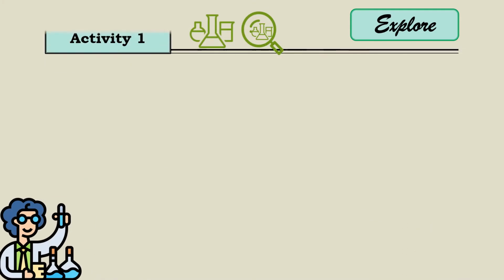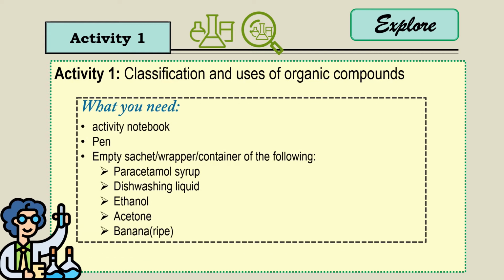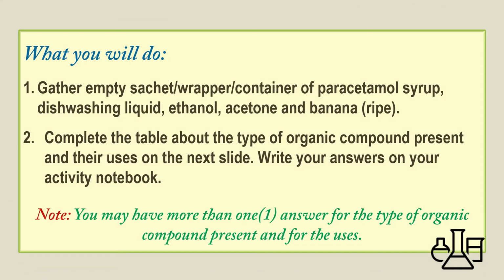For the Explorer, you will perform an activity on the classification and uses of organic compounds. What you need is an activity notebook, pen, empty sachet, wrapper, container of the following: paracetamol syrup, dishwashing liquid, ethanol, acetone, and ripe banana. What you will do: Number 1.